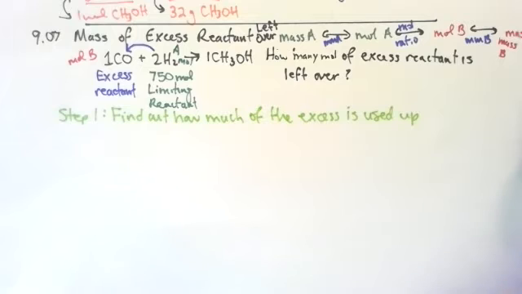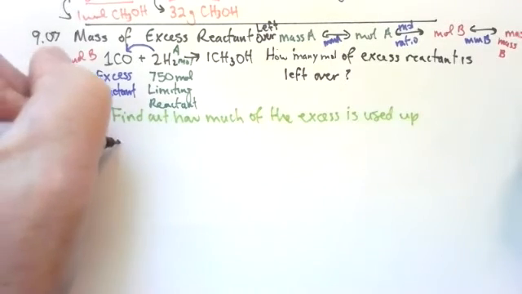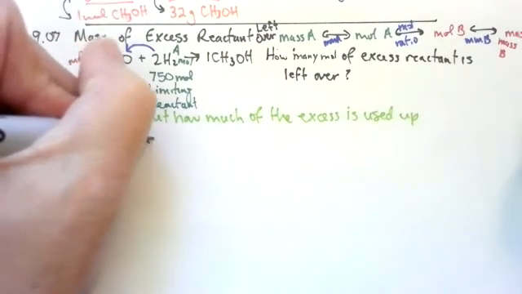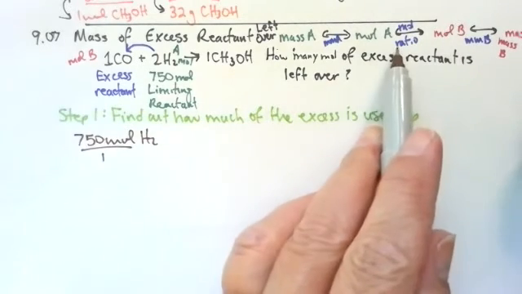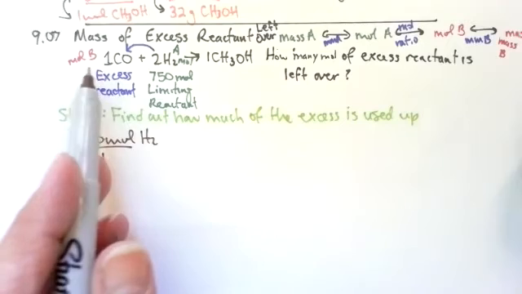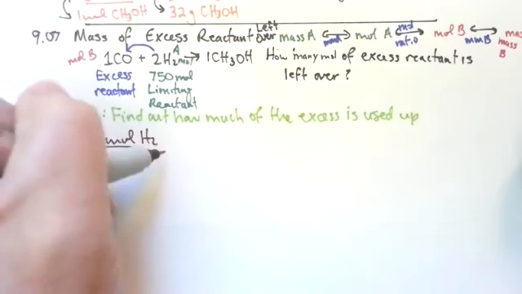When I frame this up, I start with, let's see, what color haven't I used in a while? Let's go with brown. I'm starting with 750 moles of H2. That is my limiting reactant. Since I only need the mole ratio, I'm just going to write that in: 2 moles of hydrogen to 1 mole of carbon monoxide.